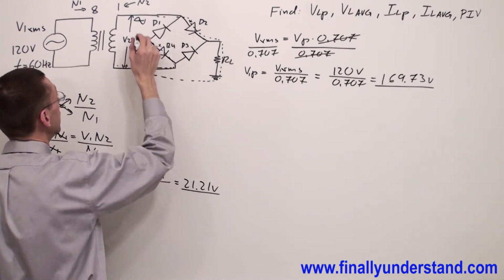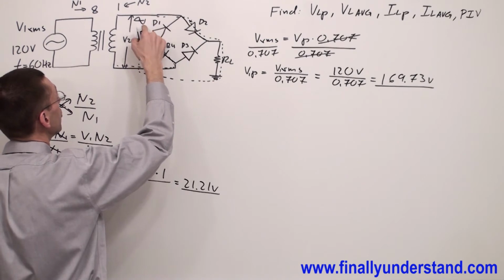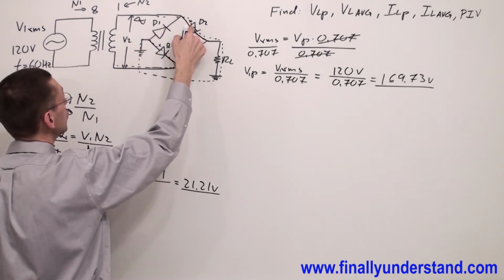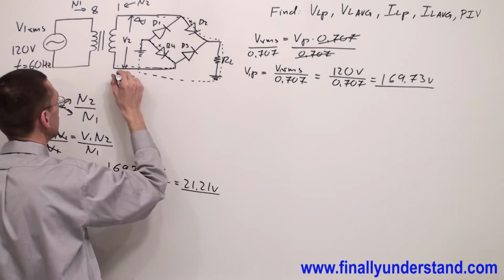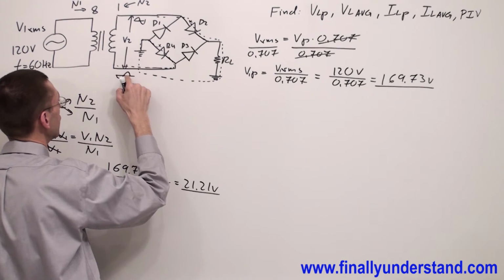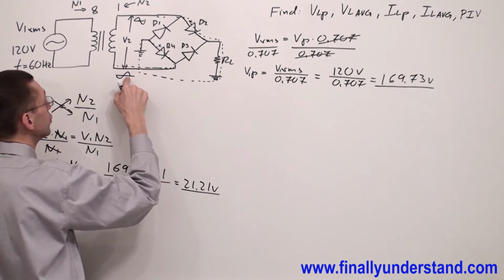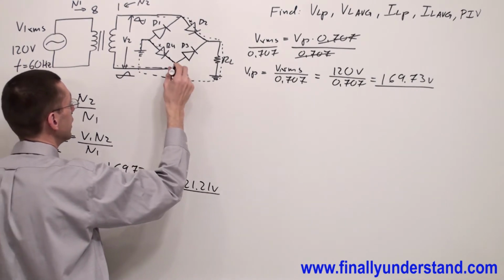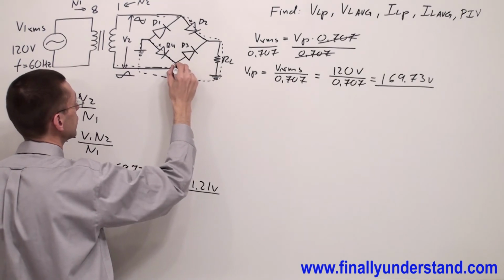When the negative half cycle appears at this terminal, this diode is going to be reverse biased. This terminal will take over. So I'm going to have the positive half cycle going through this point, and at this moment I'm going to forward bias this diode.